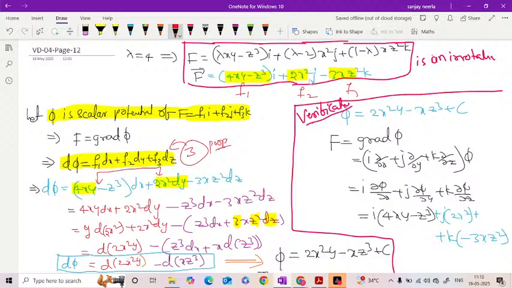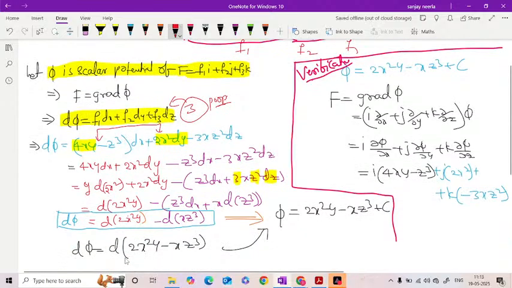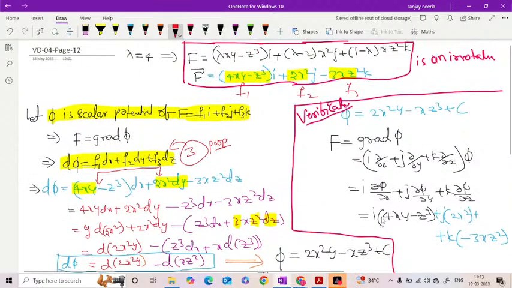Substitute f1, f2, f3 and solve this differential equation. After solving, the solution is 2x square y minus x z cube plus constant. For verification, find the gradient of pi. Definitely the result must be equal to our given vector.